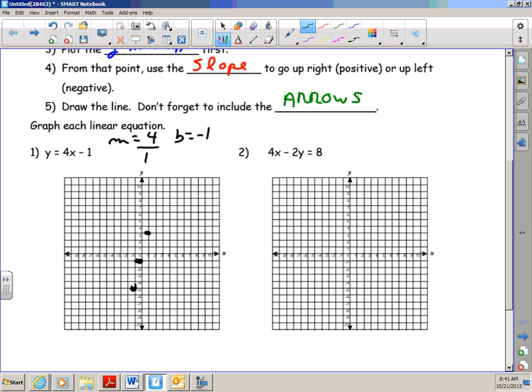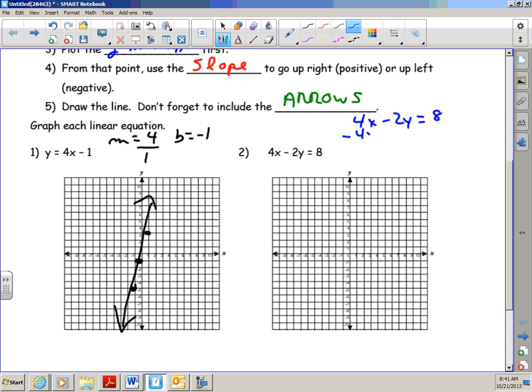I do this in this exercise just to show you that when you do that, you get the straight line that you are looking for. Okay? Since the slope is a positive 4, you can see my line is going up to the right in the proper direction. Now, in the second one, we have the added step of having to convert this into y equals form.